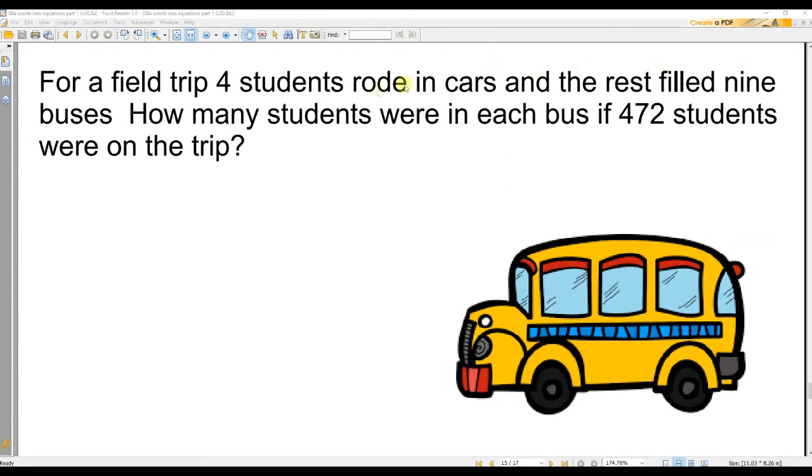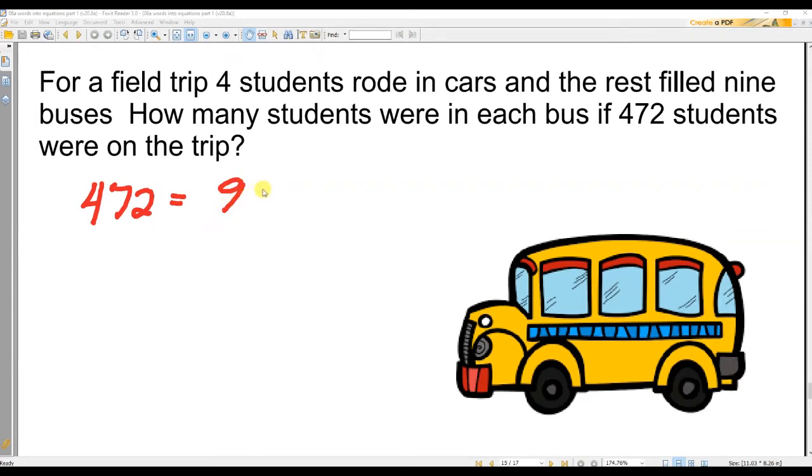For a field trip, 4 students rode in cars and the rest filled 9 buses. How many students were in each bus if 472 kids went on the trip? Okay, so, that got all crazy. Nine buses.